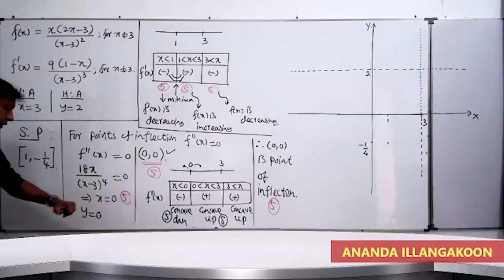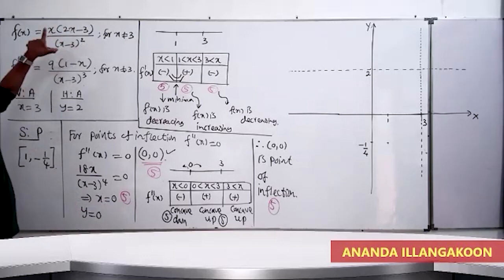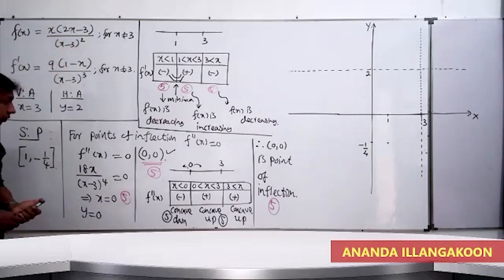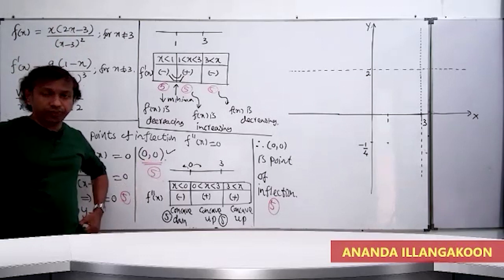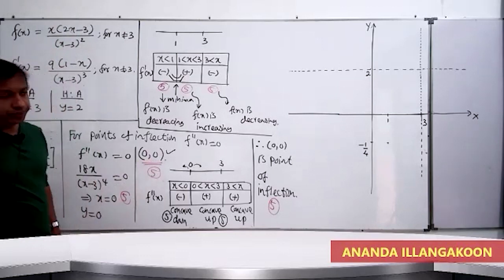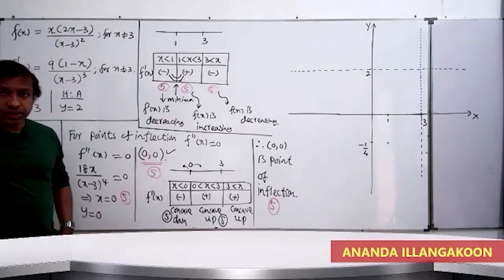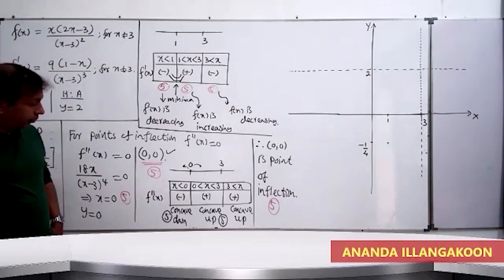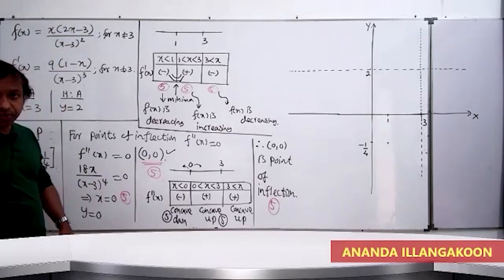Then we get x equals 0. That x equals 0 I substituted here. Then we get y equals 0. Then at 0, 0, there can be a point of inflection. Right? We don't know that yet. We can't confirm that yet. Then that is confirmed by using the table.